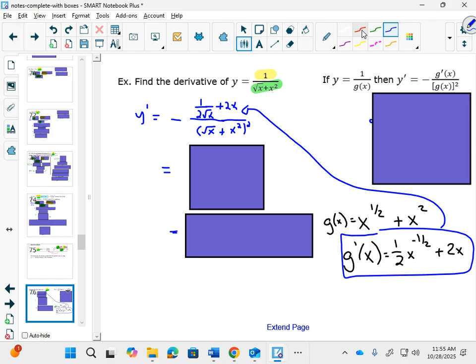In my work, I took the x to the negative half and moved it to a square root on the bottom. But I probably would have left it as a C in the blue box there, because it follows your rules and you don't need to simplify. And again, if there's a multiple choice question, it could be simplified.